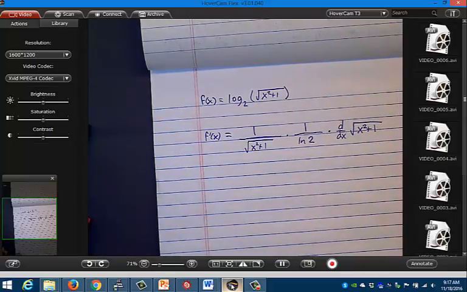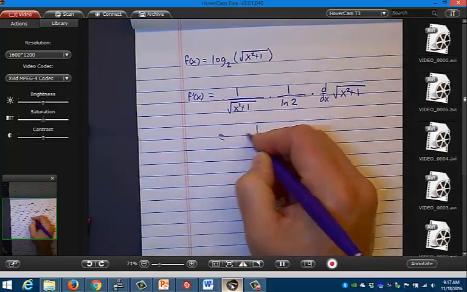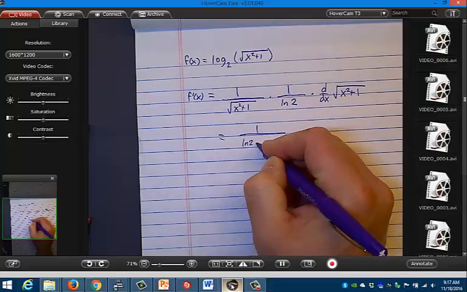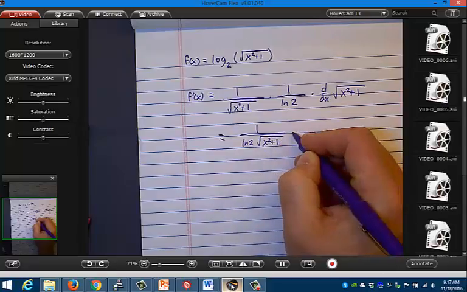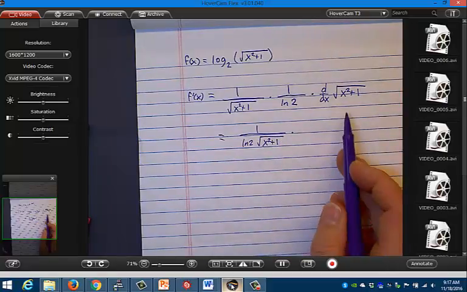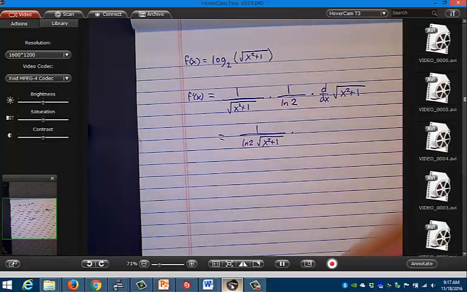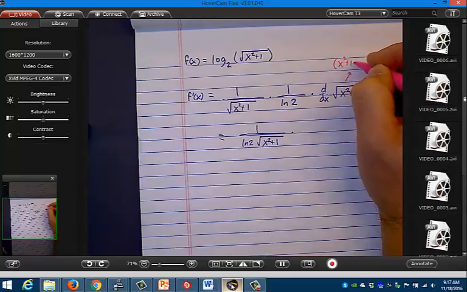Joey, question? Okay, so here I go. This is 1 over, why don't I just write this as ln of 2 times the square root of x squared plus 1 times, now when I go to find the derivative of this thing, remember, this is really x squared plus 1 to what power? To the 1/2 power.